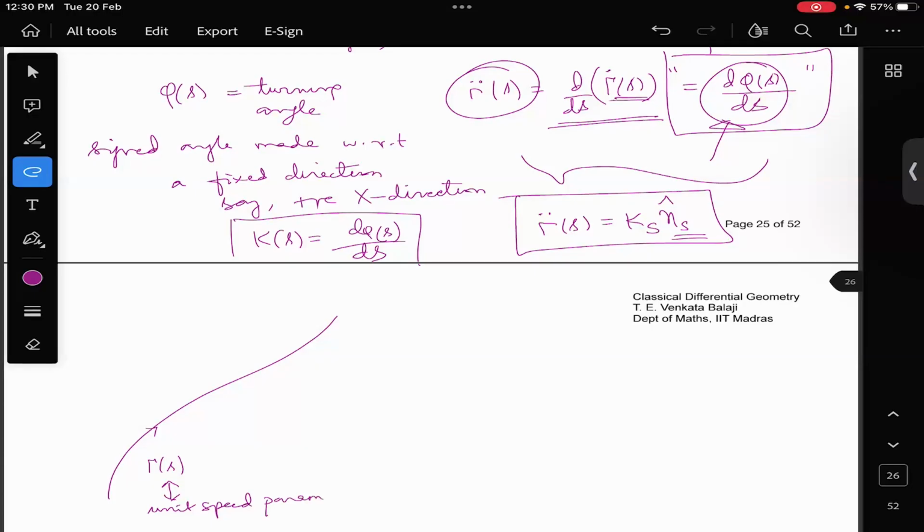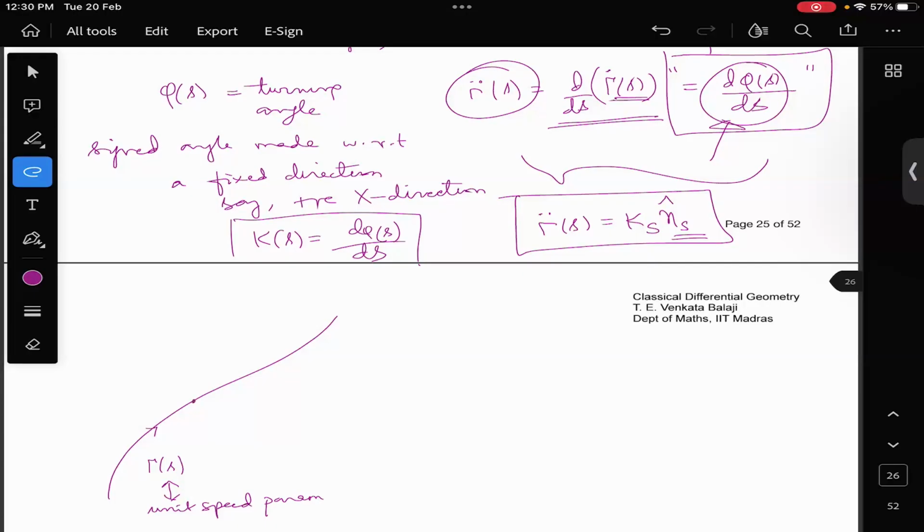What you want to do is look at the tangent vector, which is going to be a unit vector, and you want to associate to it a turning angle. So how will it be?